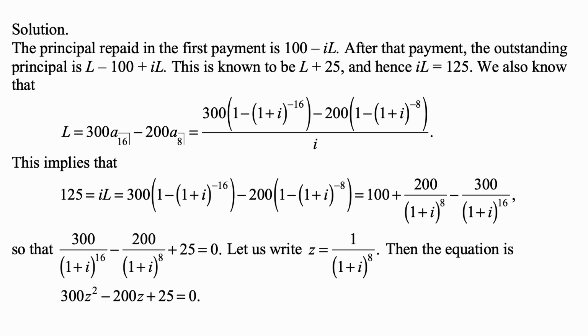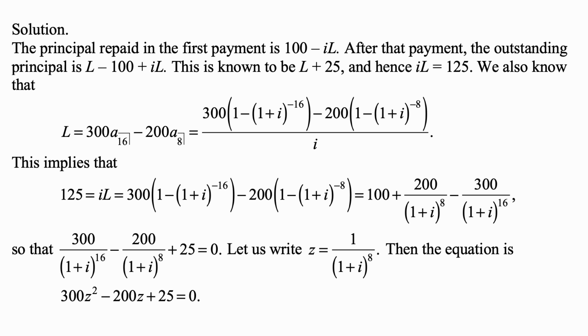We also know that L is equal to 300 a angle 16 minus 200 a angle 8. In other words, 16 payments of 300, but in the first 8 years, 200 is missing. That's equal to 300 times (1 minus (1 plus i) to the negative 16th), minus 200 times (1 minus (1 plus i) to the negative 8), over i.